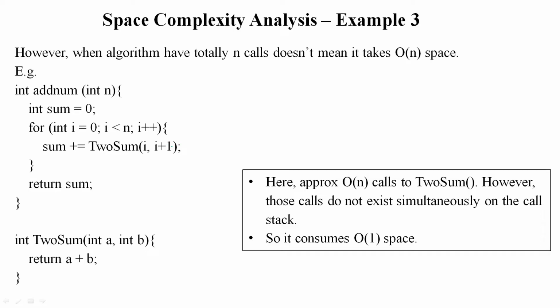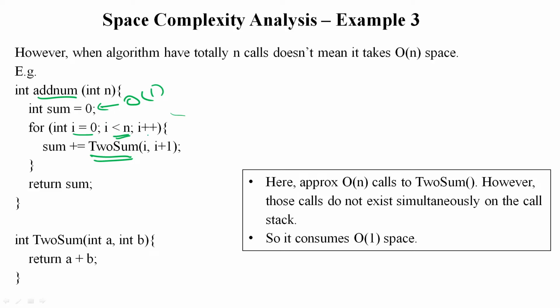Then example 3, here we are adding the numbers by using the sum of n numbers method. Here it is taking one memory location, which is constant, order of 1.